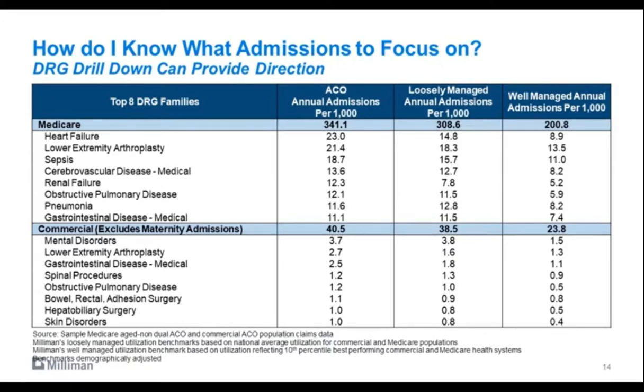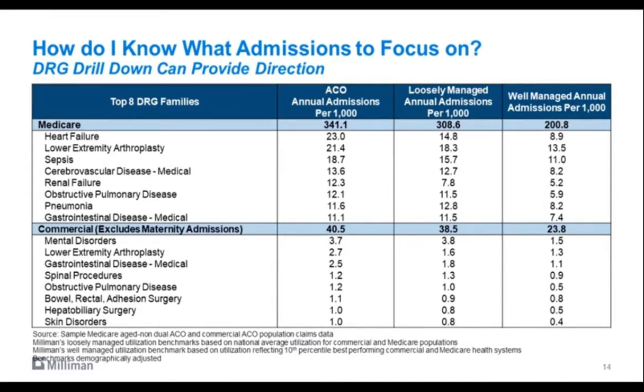So first we had the total admissions high, then we got into medical surgical, then are there particular types of admissions? So here I'm showing for Medicare on top and commercial on bottom, the top 8 DRG families. We've combined all of the heart failure admissions, the 3 heart failure admissions, the 2 lower extremity admissions, et cetera, and provide, again, these are benchmarks, loosely and well managed, compared to this ACO's utilization per 1,000.